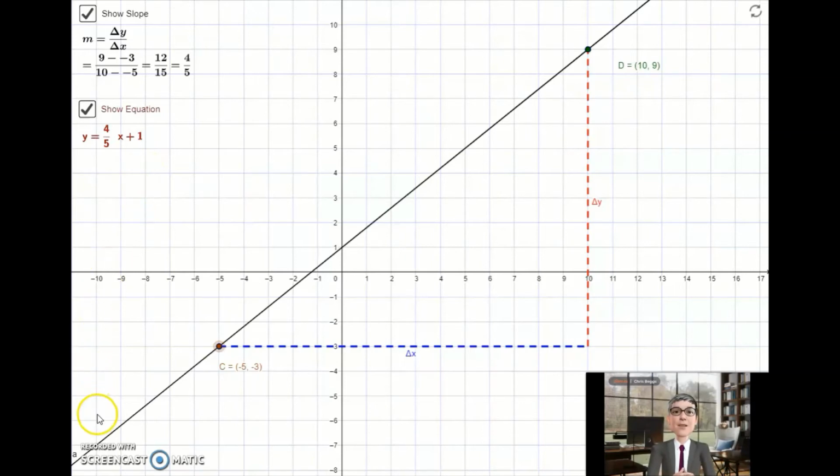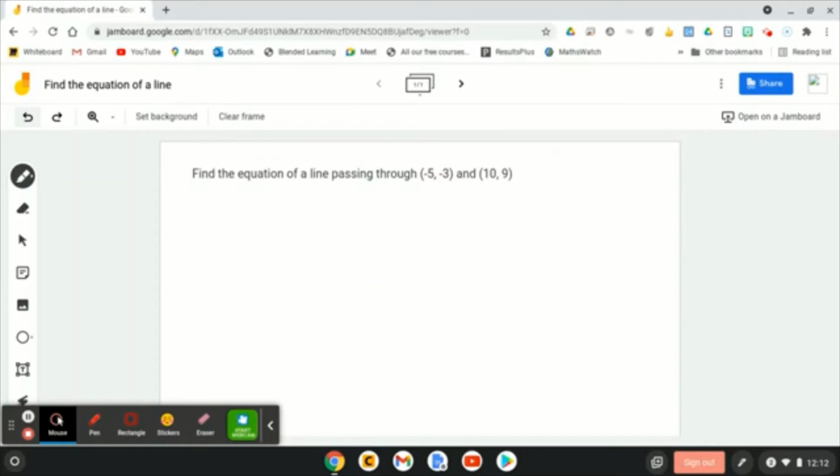But we can do this without drawing a graph. So if you're asked to find the equation of a line passing through 2 points, you don't need to draw the graph. First of all, we need to find the slope, which is my rise over my run, and my rise is my change in y, and my y has gone from 9 to minus 3.